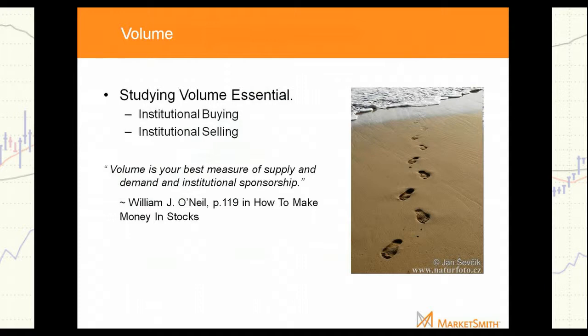It's going to take them months and months to get their full share. And so we can use these volume spikes: if they're trying to buy the stock, the volume spikes up, to let us know that, hey, someone might be moving into this. And likewise, if there are big volume spikes as the stock is moving down, that's giving us an indication that someone's trying to get out of this too.